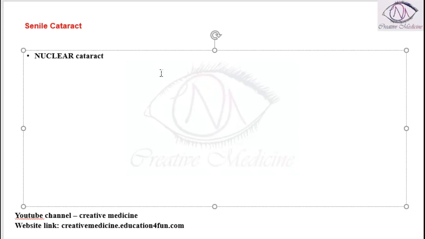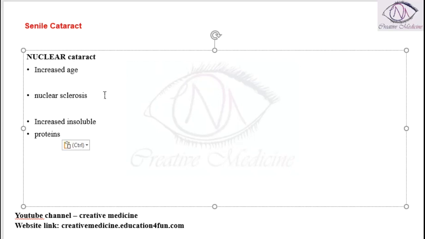In the nuclear cataract, it occurs mainly because of increased age. Whenever there is increased age in the patient, this leads to nuclear sclerosis. And this nuclear sclerosis is mainly due to the insoluble proteins present in the nucleus of the lens, resulting in nuclear cataract.